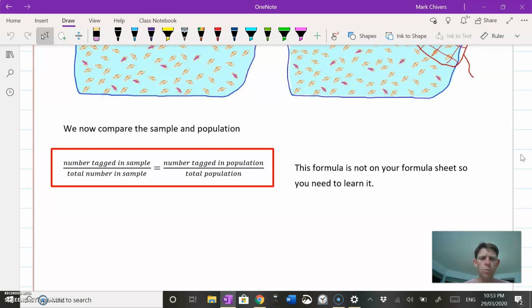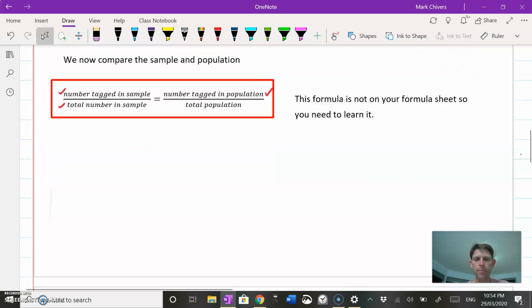So when we look at this, we know how many are tagged in that sample, because that's the second sample we grab, and we know how many are in the sample, and we know how many are tagged in the population because we've tagged every fish, so we know what that number is. So once we know 3 things out of 4, we'll be able to work out the final thing.